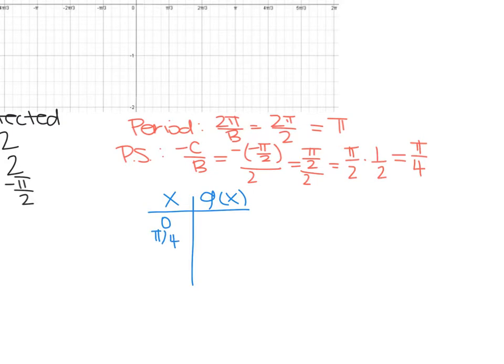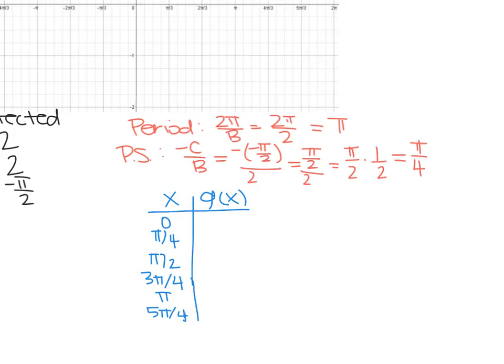And then starting at pi over 4, we then want to graph one period. And because the period is pi, I want to go in increments of pi over 4 until I have reached that period. So pi over 4, then pi over 2, 3 pi over 4, pi, and 5 pi over 4.